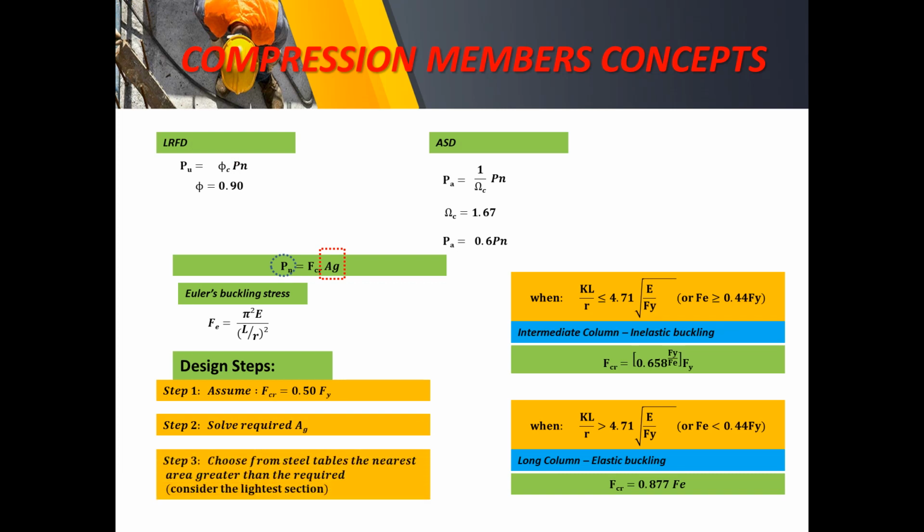The third step is to choose from the steel tables the nearest area greater than the required Ag, of course in consideration of the lightest section. The final step will be checking of the adequacy using the procedure in this slide.